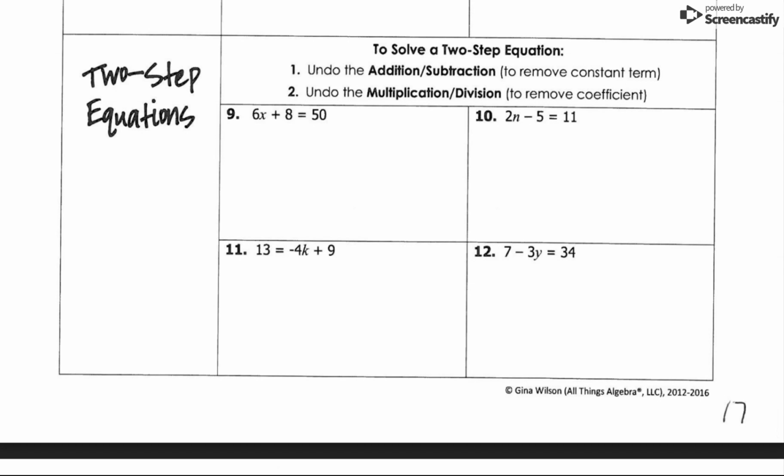Since it's a positive 7, I need to subtract the 7. 34 minus 7 is 27. And then since it's negative 3 and there's a variable behind it, it's multiplication, so I want to divide by negative 3. So y would be negative 9.